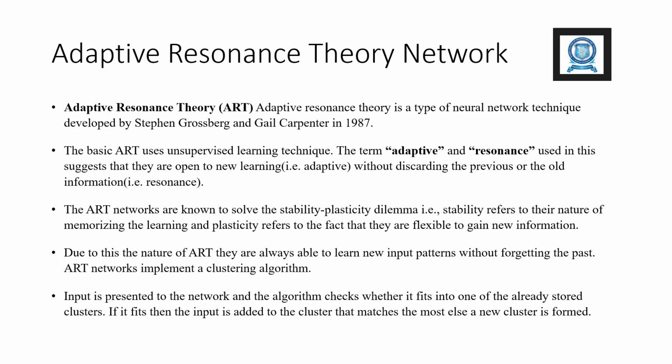ART networks are known to solve the stability-plasticity dilemma. Stability refers to their nature of memorizing the learning, and plasticity refers to the fact that they are flexible to gain new information. Due to this nature of ART, they are always able to learn new input patterns without forgetting the past.